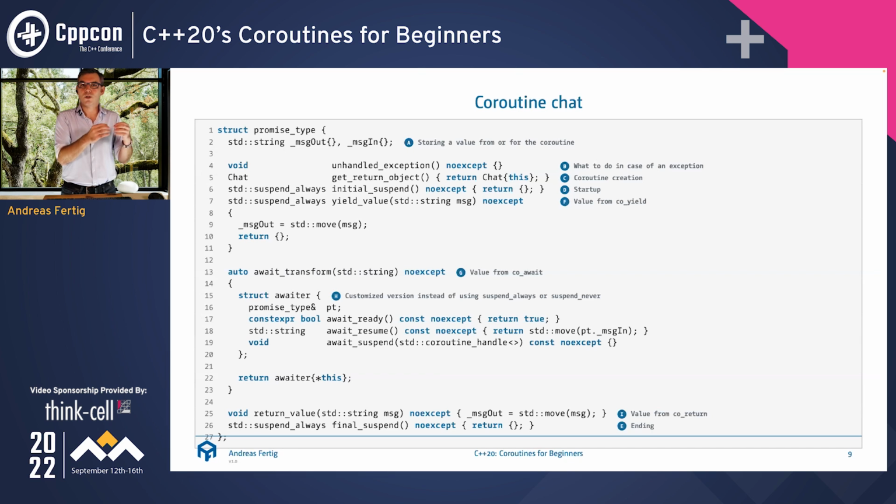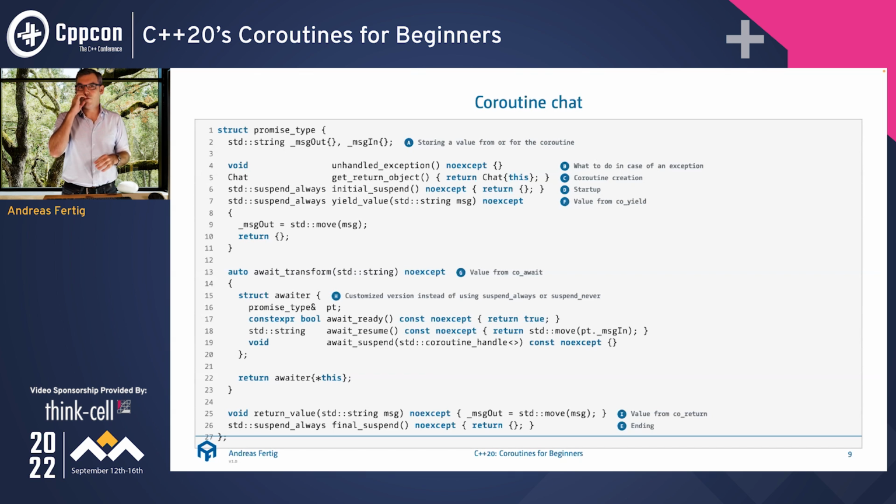And this is before it reaches our user code we saw on the previous slide. And here we now can decide, should the coroutine continue running until we hit our user code and maybe the first co_yield or whatever, or should it pause at this point? And the return type here in line number 6, you can see it indicates with suspend always, that always once we reach initial suspend, our coroutine automatically gets suspended.